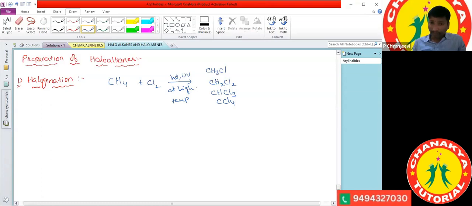If you want to study it deeply, first of all, the halogenation reaction follows the free radical reaction mechanism.